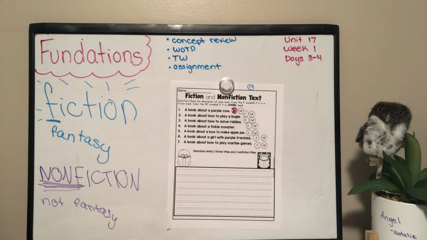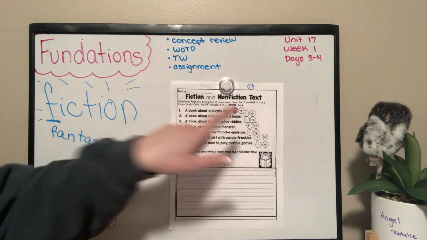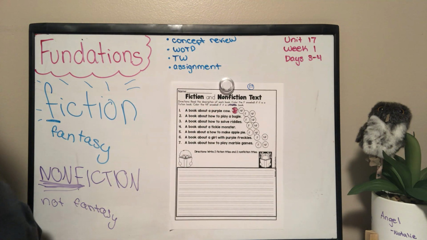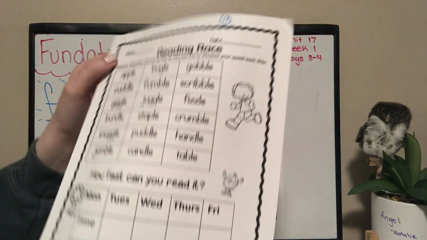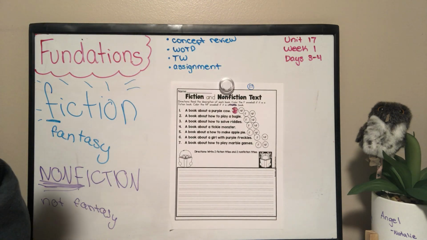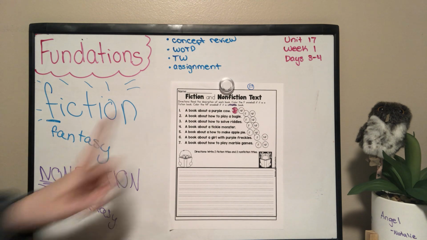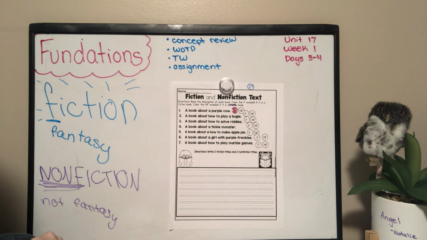Awesome. All right, number 2 says a book about how to play a bugle. Remember, bugle was the 2nd word from our reading race from our last lesson. I hope you're still working on those words. Bugle, remember, is a type of trumpet. It is a very, very high, loud trumpet. A book about how to play a bugle, how to play a musical instrument.